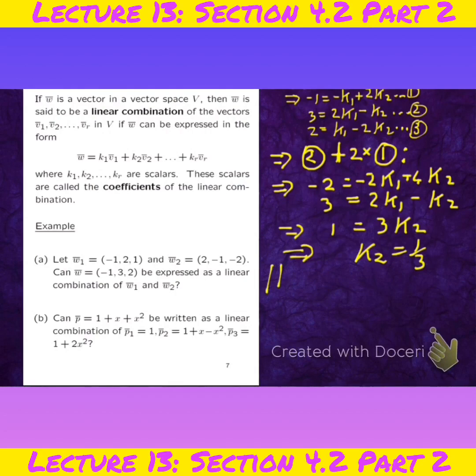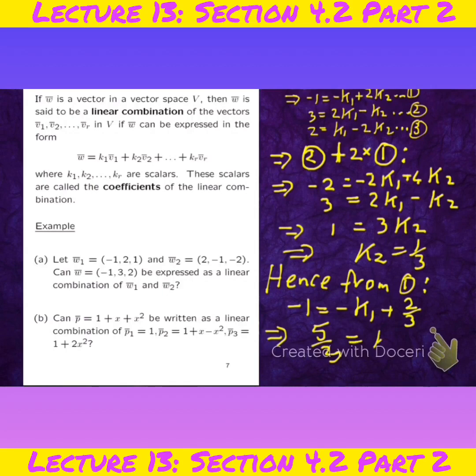Okay, hence we can solve. From the first equation we get that -1 is equal to -K1 plus 2/3, because K2 is a third, and that's going to imply that K1 is 5 over 3.